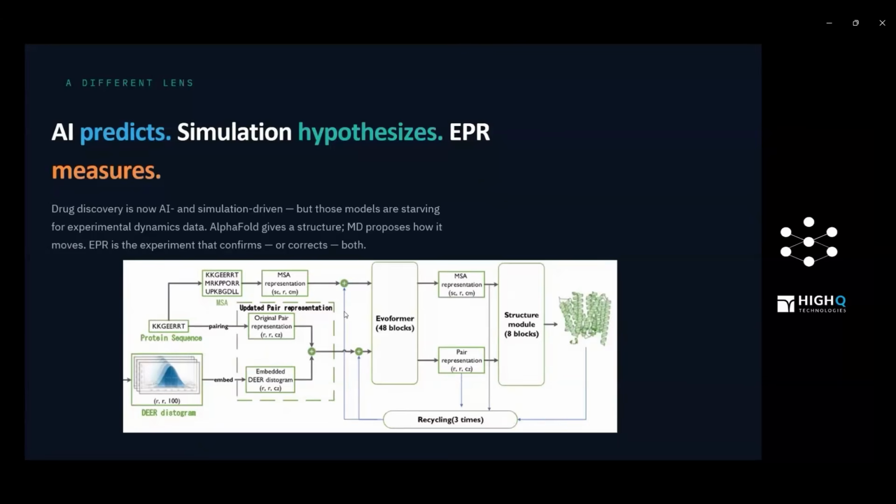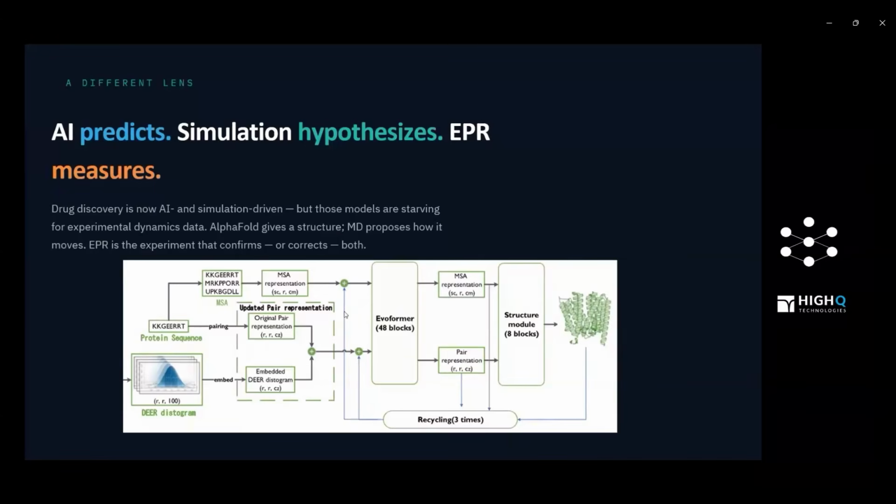You can then dock a ligand or design a binder. But if you step back, nothing has been measured yet. For a well-folded rigid protein, that's often acceptable. The prediction is confident, the force field is well parameterized, and the results hold up.